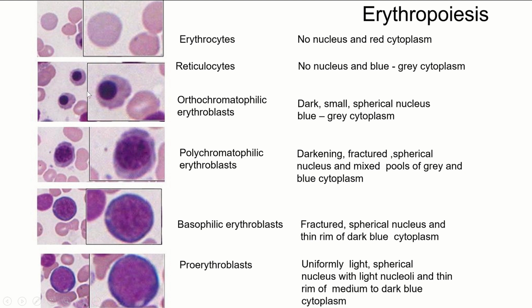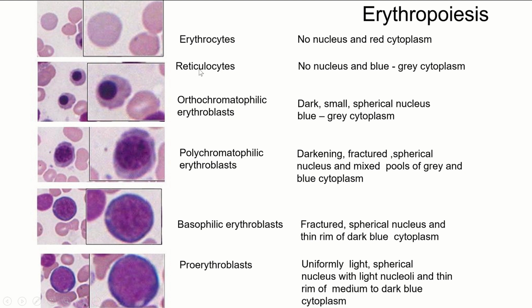Then we've got orthochromatophilic erythroblasts. This is where it starts to get more mature and starts looking like it's actually doing something. The nucleus is very condensed. Then it will actually lose its nucleus, and then it becomes a reticulocyte. So this would be a reticulocyte.